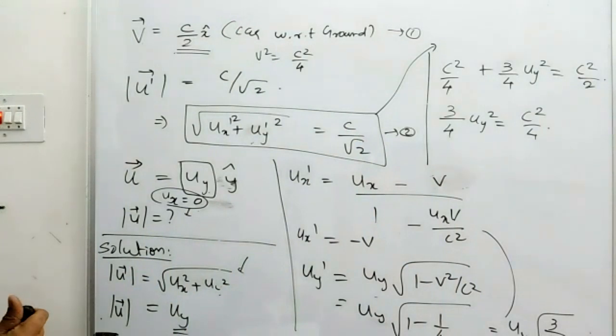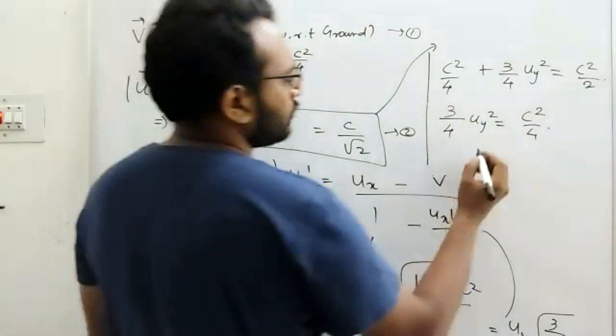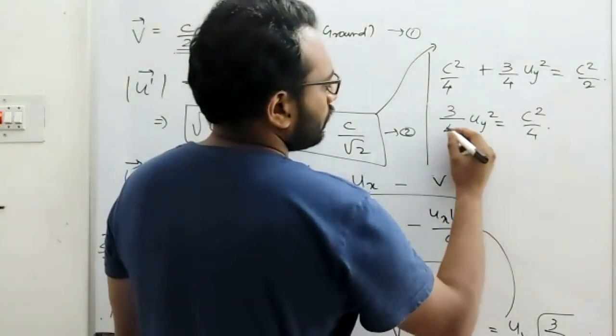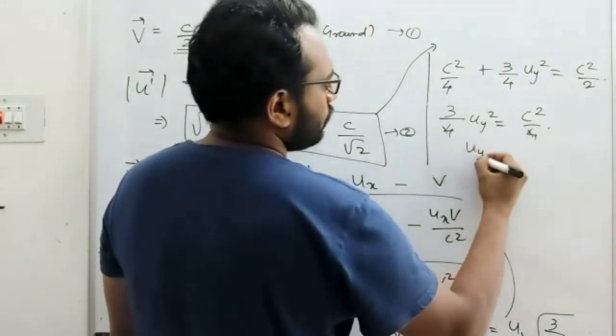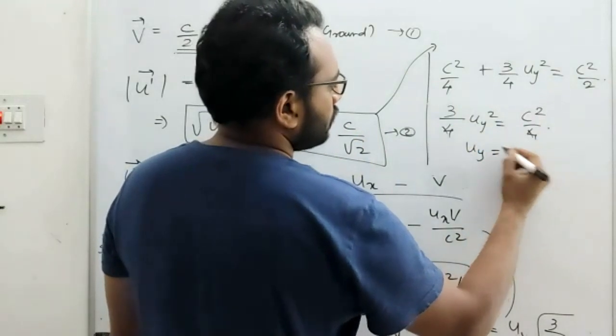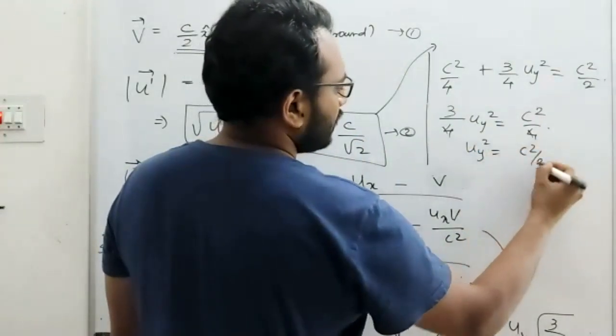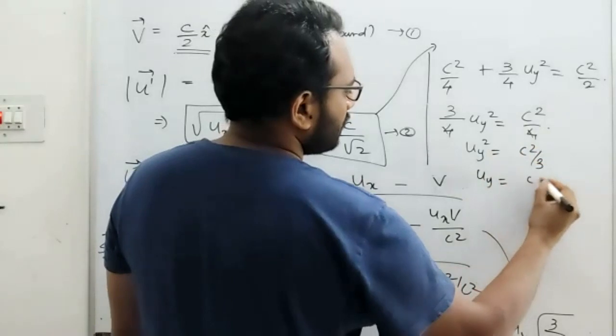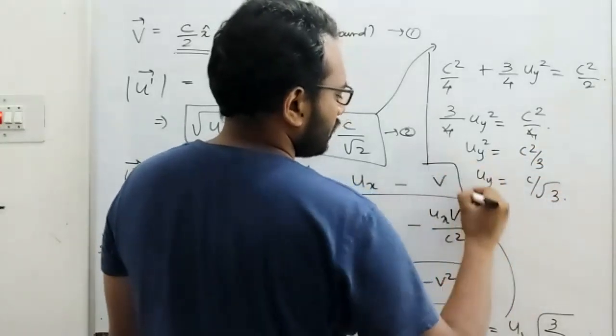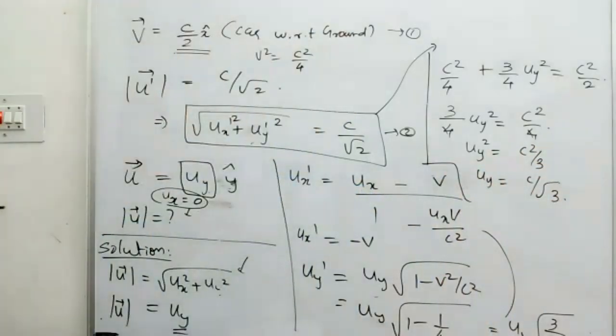Is that correct? Right, I think it's correct. So uy square is equal to c square by 3, or uy is equal to c by root 3. Is that correct? Did I make a mistake somewhere?